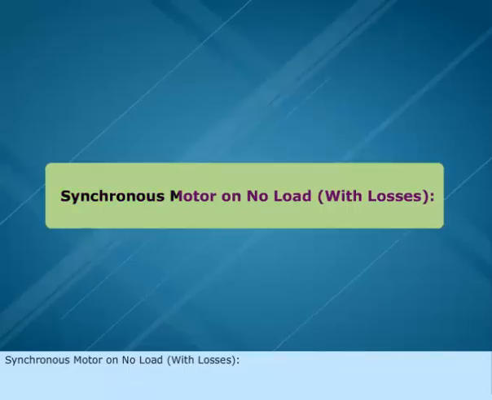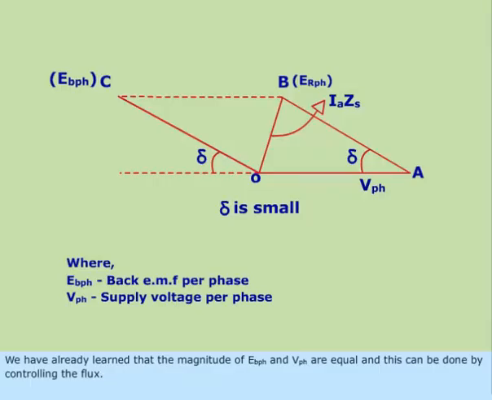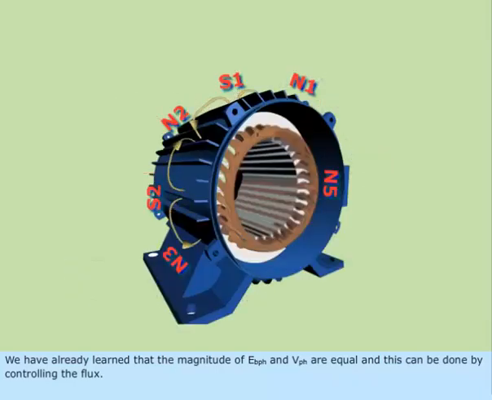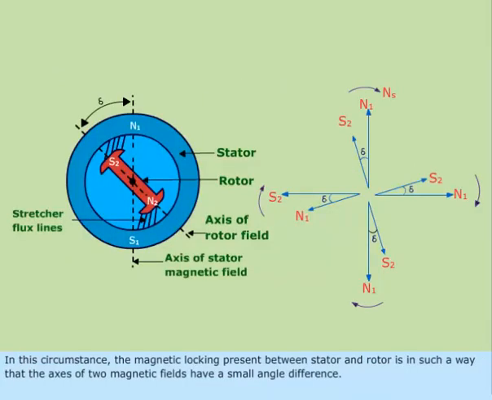Synchronous motor on no load with losses. We have already learned that the magnitude of E sub BPH and V sub PH are equal, and this can be done by controlling the flux. In this circumstance, the magnetic locking present between stator and rotor is in such a way that the axes of two magnetic fields have a small angle difference.